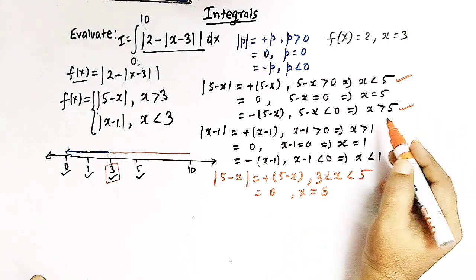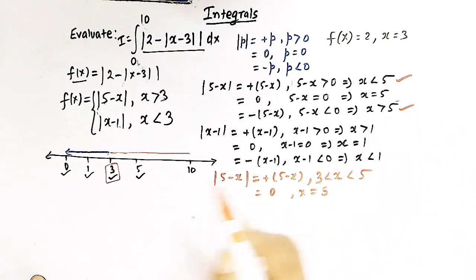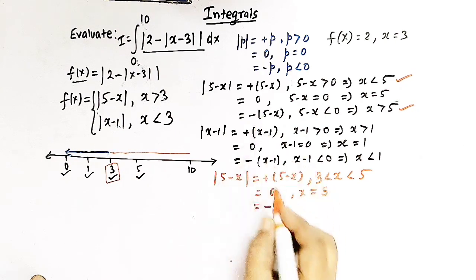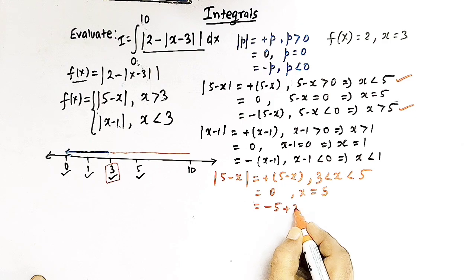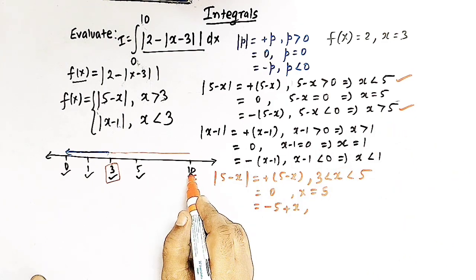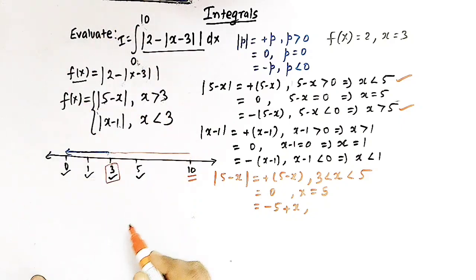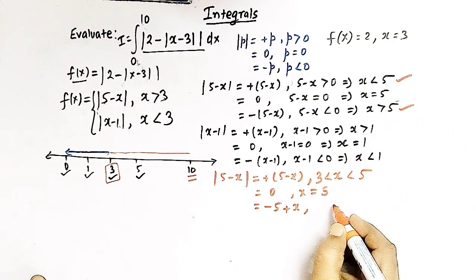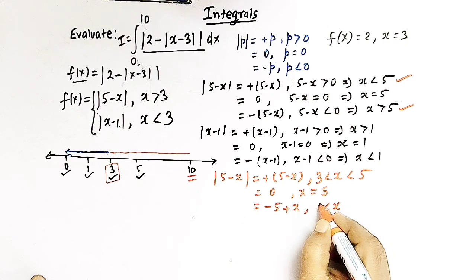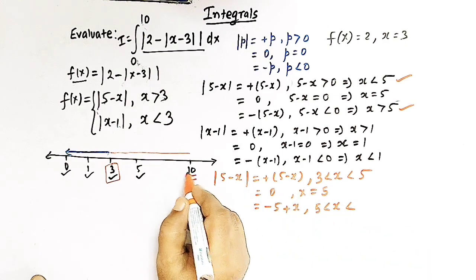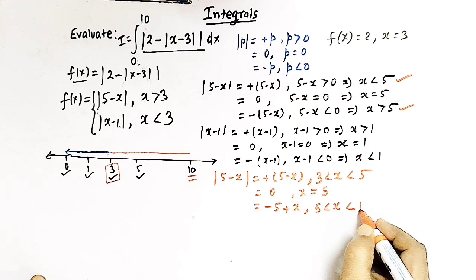And when we have x greater than 5, then we'll write here minus 5 plus x, and because the last point is 10 because our upper limit is 10.